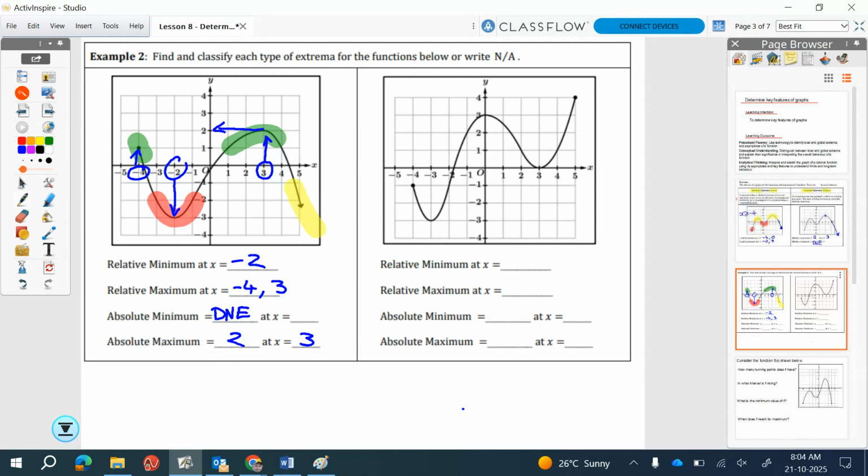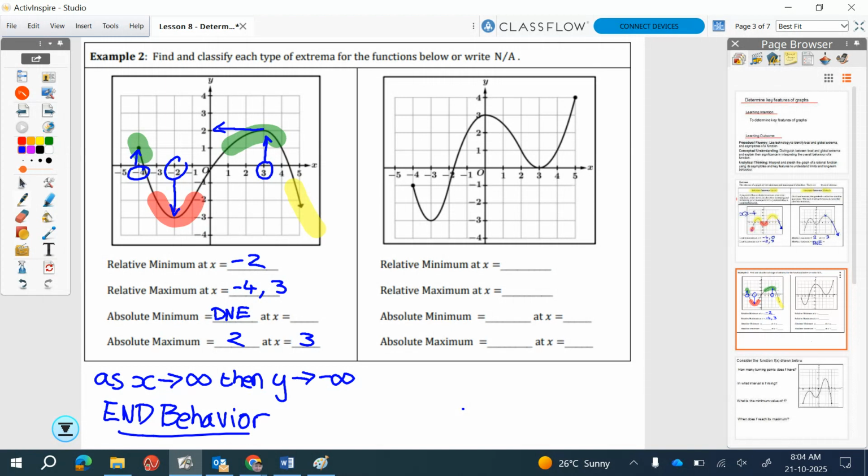But if we wish to talk about the end behavior in the other direction, we would use a phrase such as: as x approaches infinity, then y approaches negative infinity. And this is why the absolute minimum does not exist.